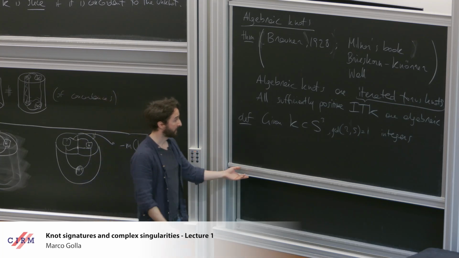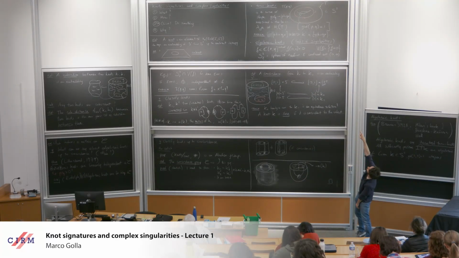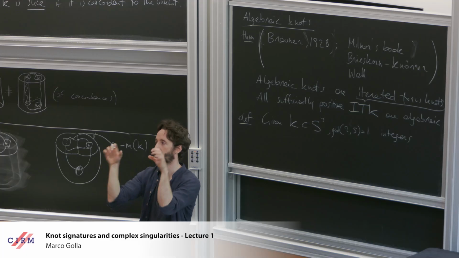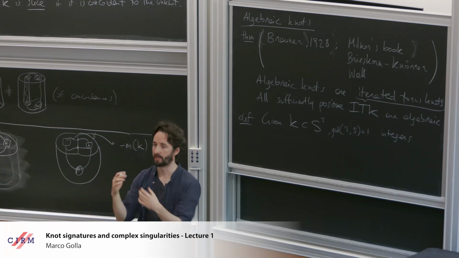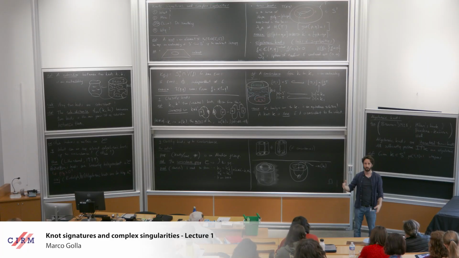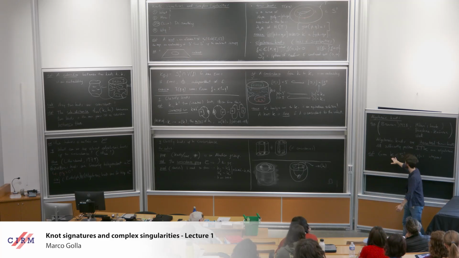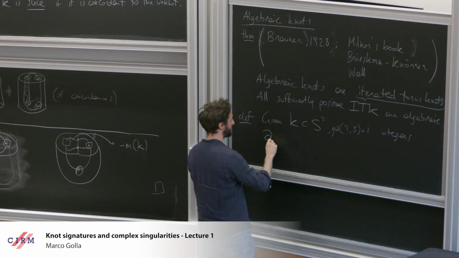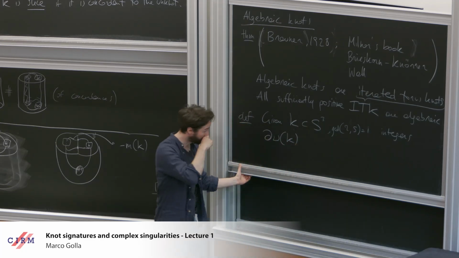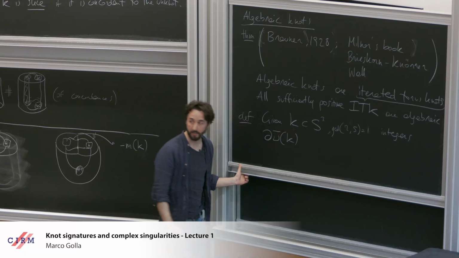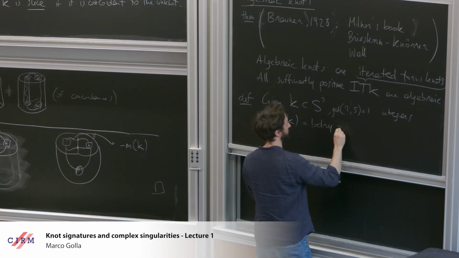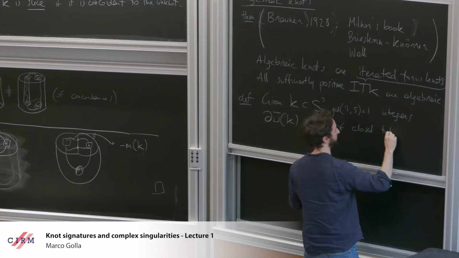I can play the same construction that I've done for torus knots all the way up there, but instead of playing it on the standardly embedded donut-shaped torus in S3, I play it around a knotted torus, and this torus is knotted precisely along K. So I can take the boundary of the tubular neighborhood of K. Let's say the closed tubular neighborhood to make Danica happy. So this is the boundary of a closed tubular neighborhood.